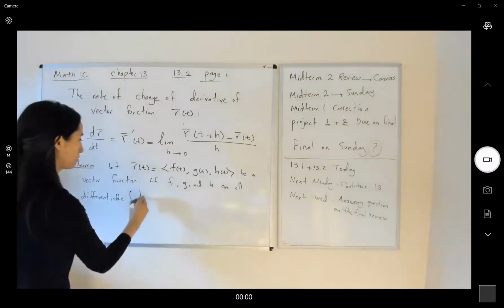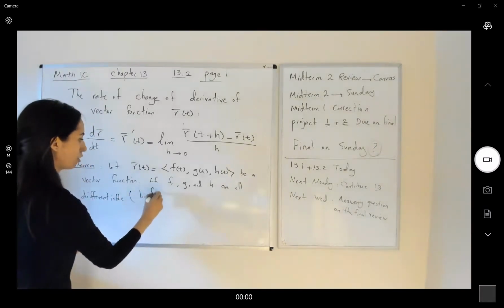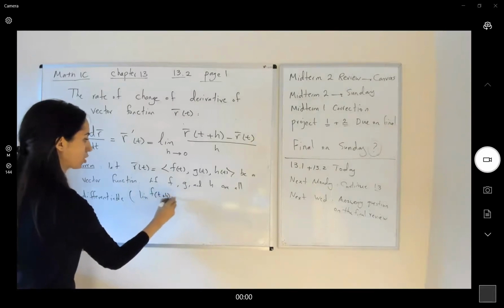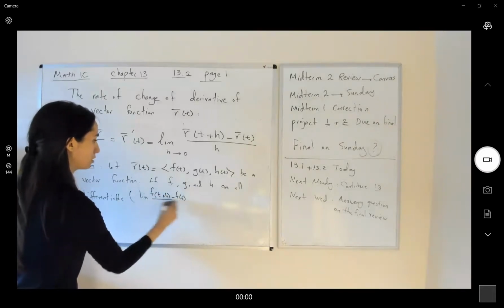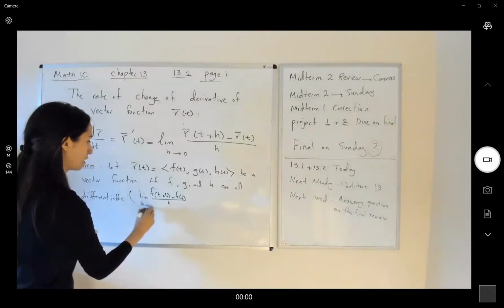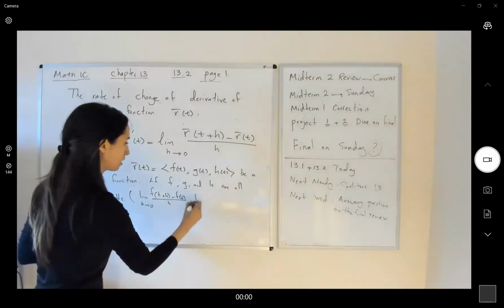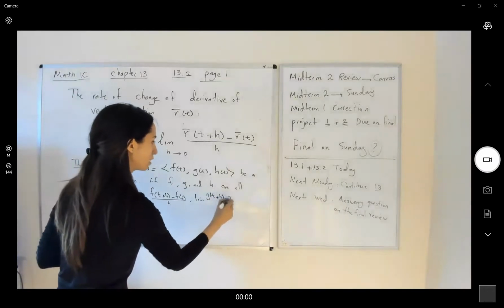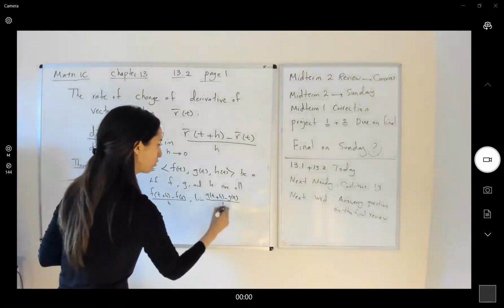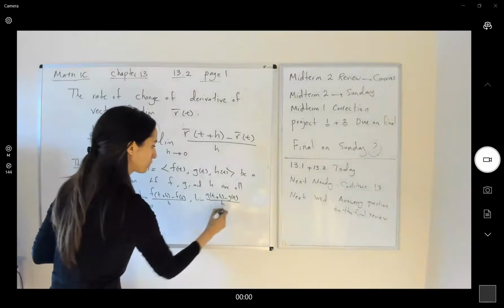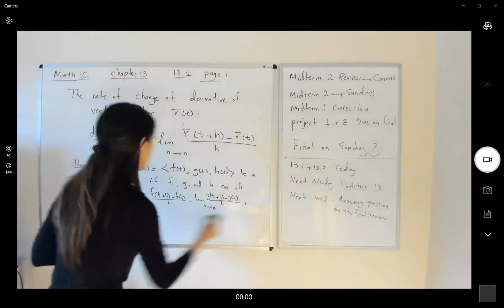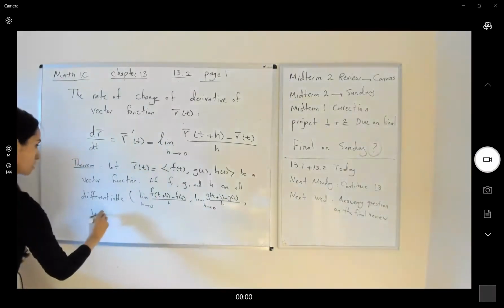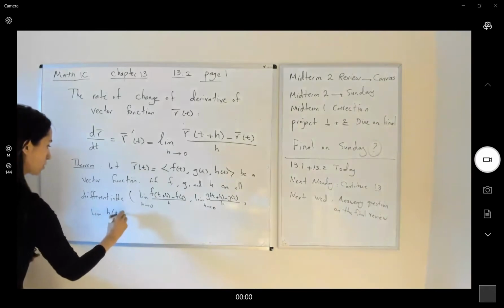It means that the limit of [f(t + h) - f(t)] divided by h as h goes to 0, and the limit of [g(t + h) - g(t)] divided by h as h goes to 0, and the limit of [h(t + h) - h(t)] divided by h as h goes to 0 all exist.